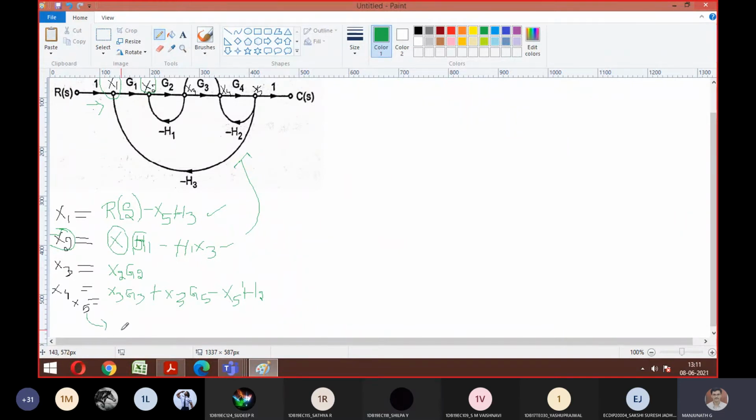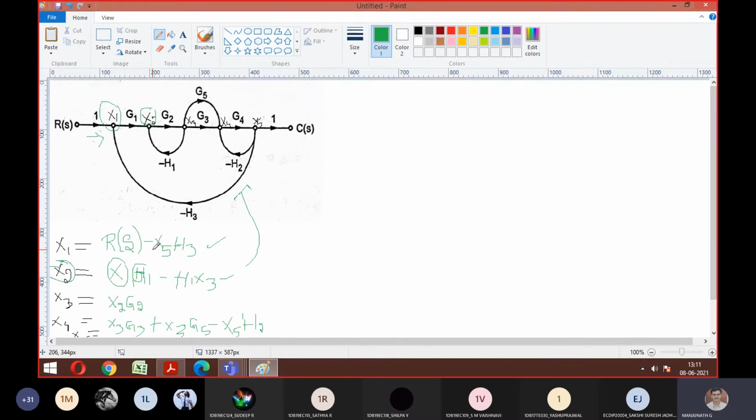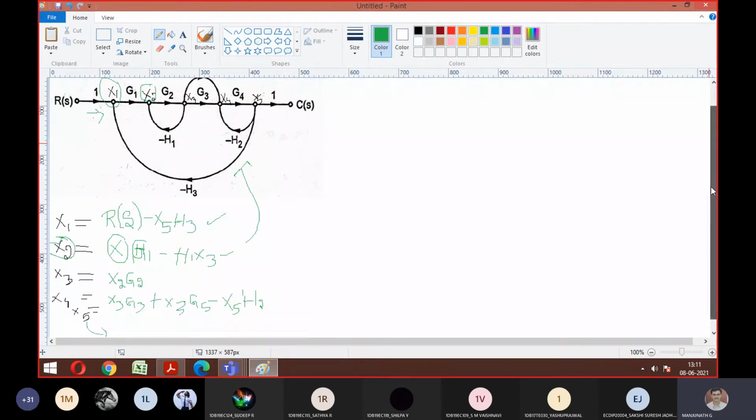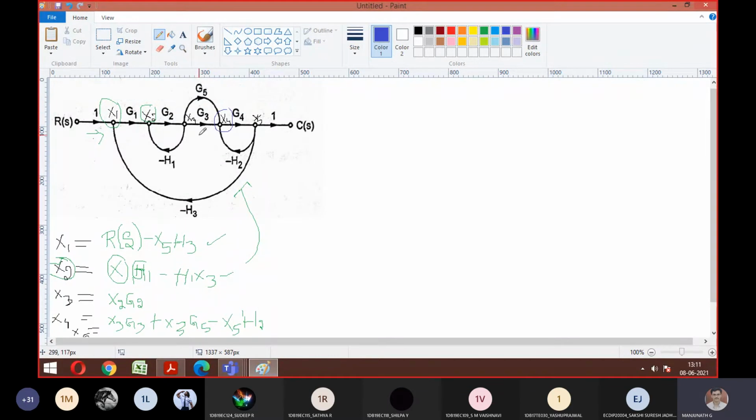Sir, can you repeat X4? Okay, I will repeat. So X1, X2, X3, okay? Yes, sir. Coming to X4, look at this X4 node, right? Check how many branches are entering here.